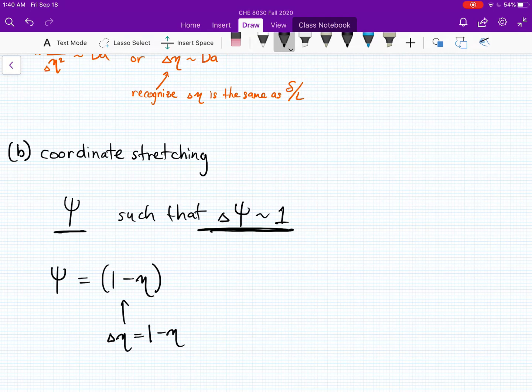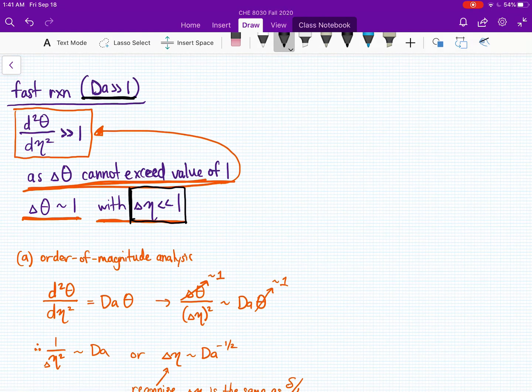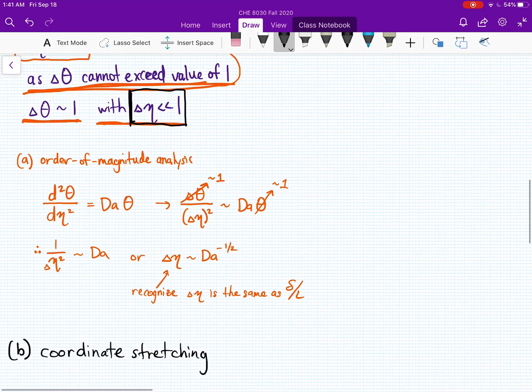And we are going to stretch that coordinate, or that very small distance, by a large factor. And that large factor for us is going to be our Damköhler number, because again, we are talking about the scenario where the Damköhler number is much, much greater than 1. Another way to think about that is the Damköhler number is approaching infinity. It's getting really, really large.